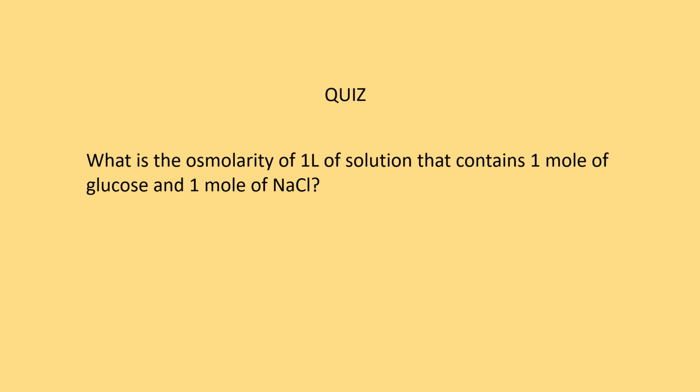And the 1 mole of sodium chloride will contribute 2 osmoles to the solution because sodium chloride is an ionic compound and gives rise to 2 particles. So 1 particle produced by glucose and 2 particles produced by sodium chloride will give us an osmolarity of 3.